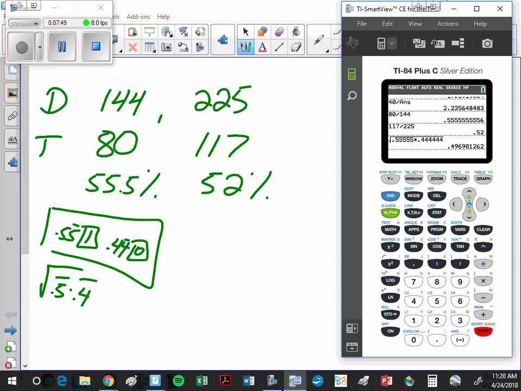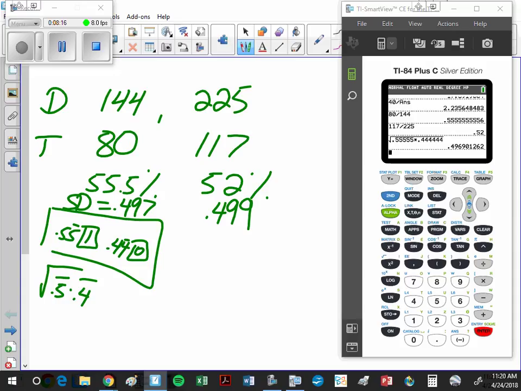So I got 0.497. So the SD is 0.497. Okay, so now I need an SEP. And the other one's also going to be 0.499. That's the square root of 0.52 times 0.48.